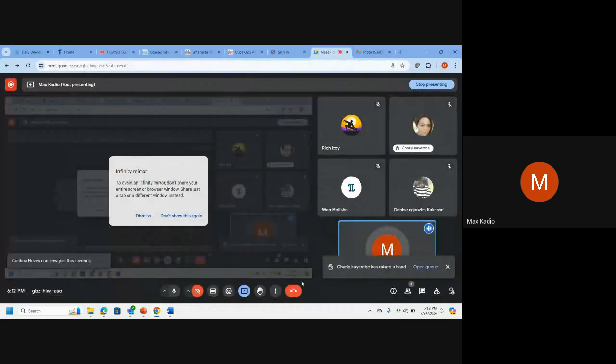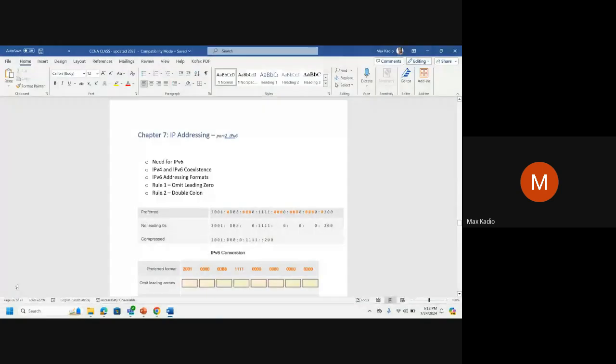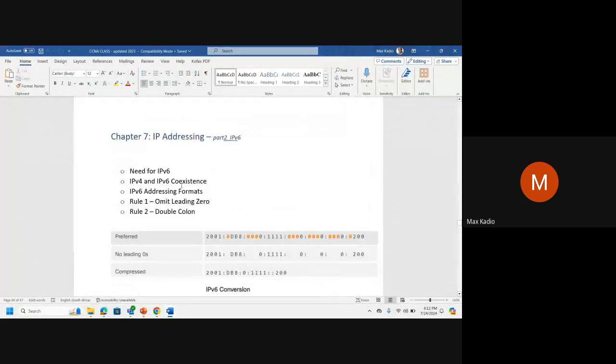We have two ways of doing that: IPv4, which we studied on Saturday, and now IPv6. They created IPv6 because IPv4 is finished or almost finished, so we need something a bit bigger to assign to many devices.